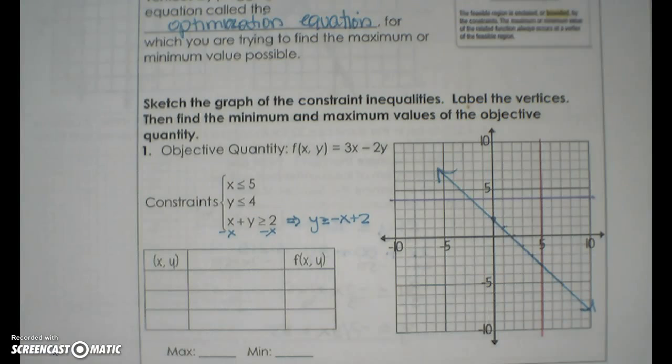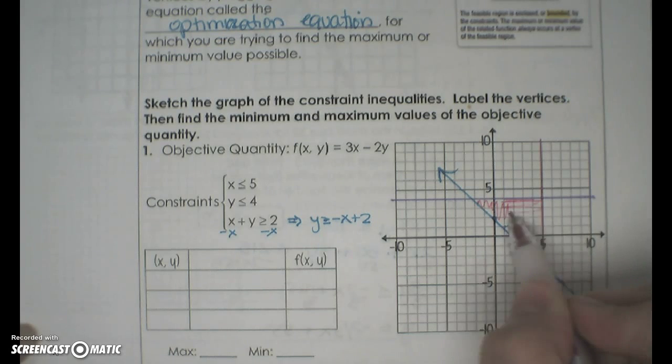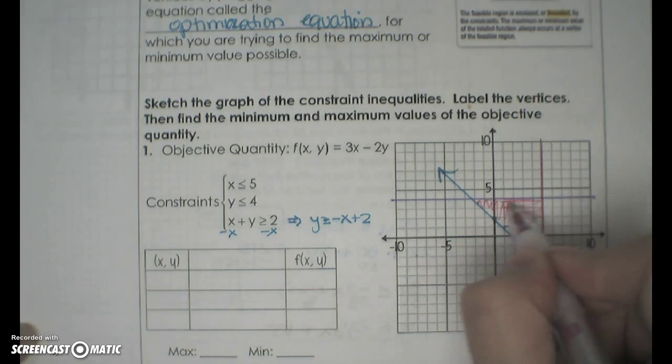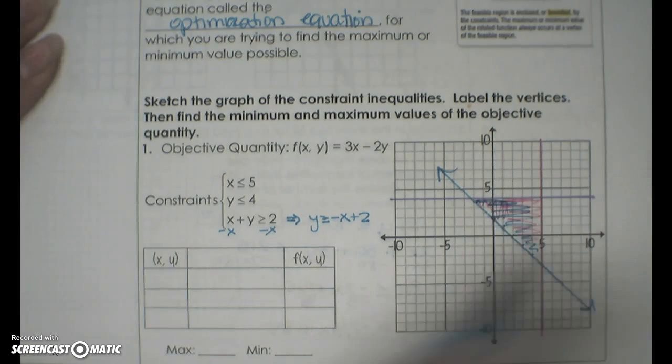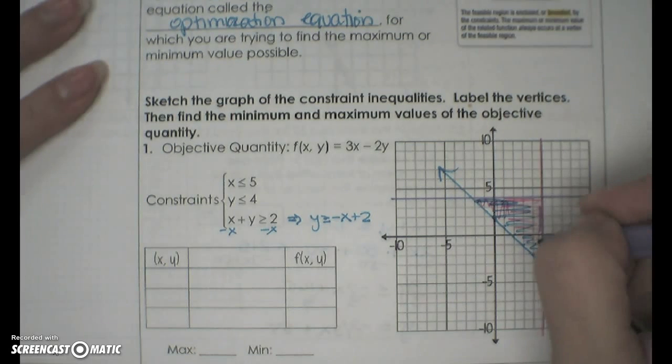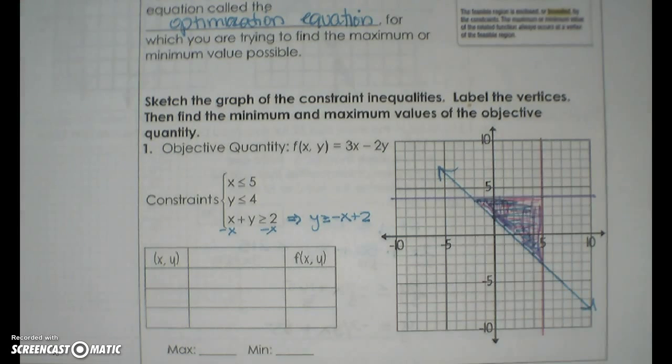Okay, so as you can see, since we are less than this line, and less than this line, and greater than this line, you can see that we are overlapping this region here.